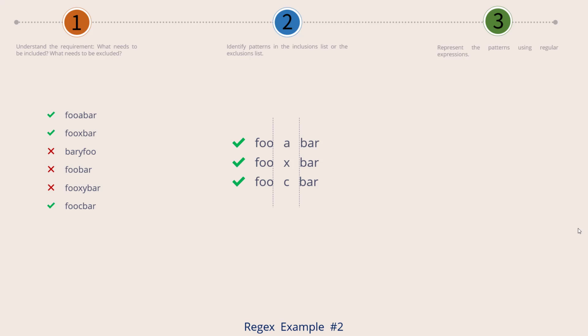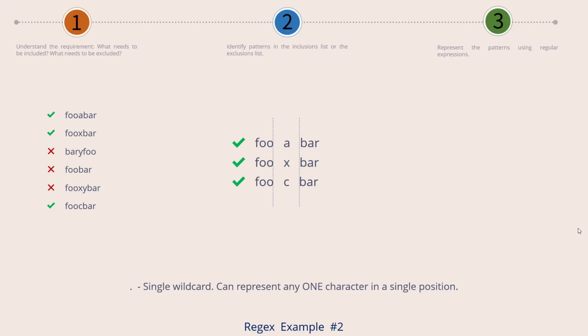So the pattern is not the letter itself, but rather the count of the number of letters. So the count of the number of letters between foo and bar is always 1 for the green ones. To represent this pattern, let's look at a new regex symbol, which is a dot or a period.